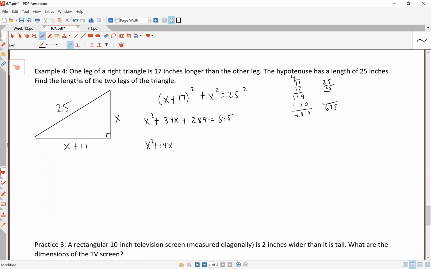All right, so you subtract 625 from both sides. 625 minus 289 is negative 336. I forgot to add the x squared in there.